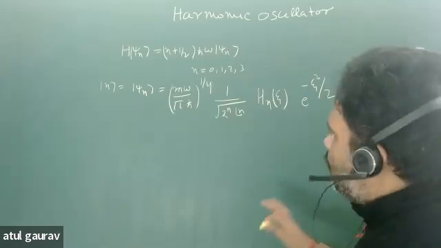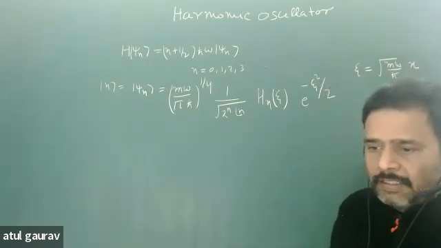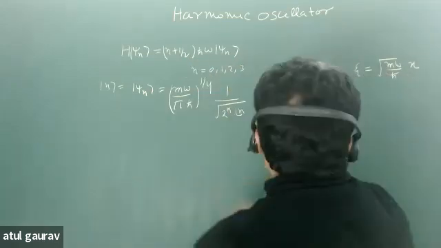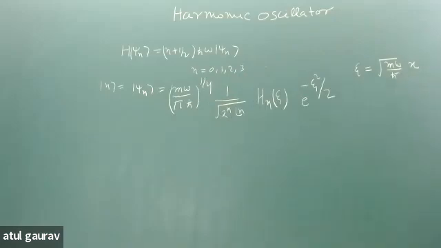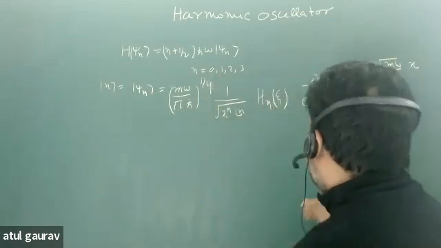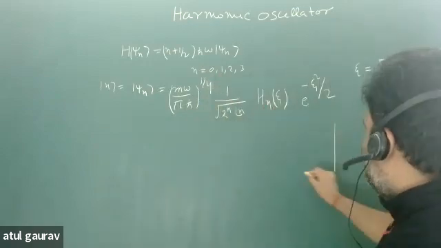Now this is our energy eigenfunction, and this is the associated energy eigenvalue. The minimum value of energy we can easily plot.